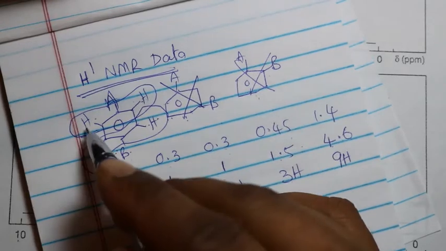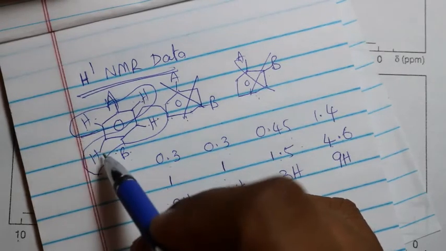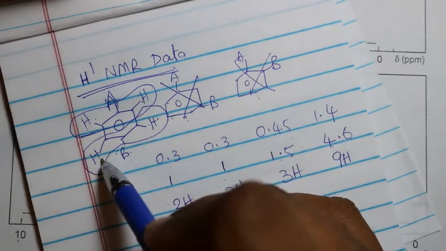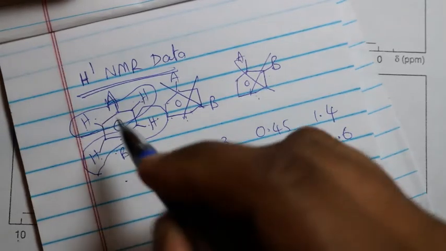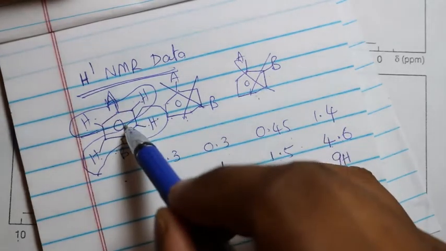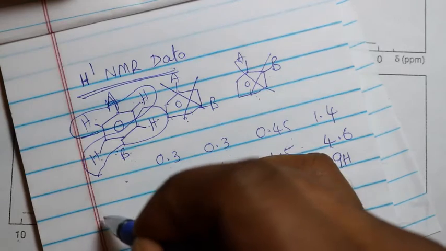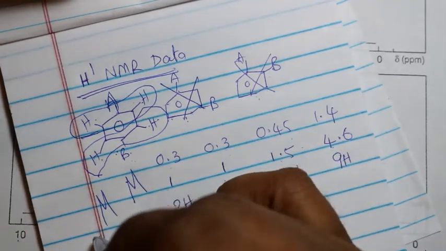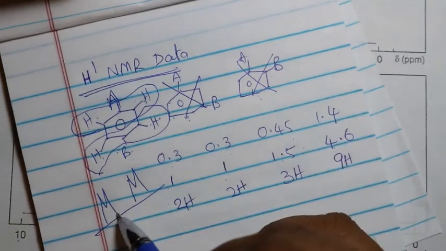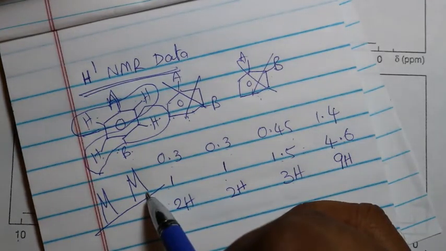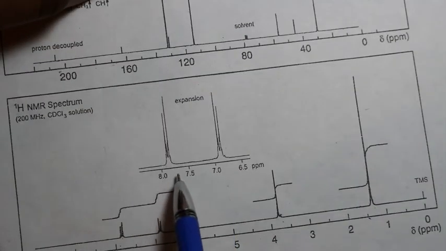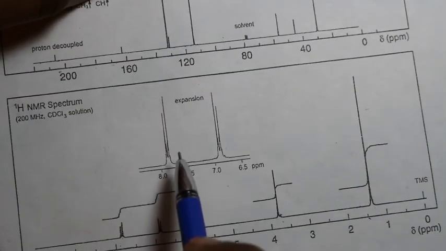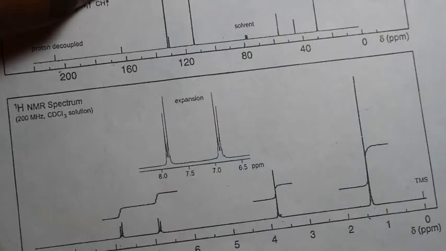And also each hydrogen has 1 neighbor hydrogen, so each peak splits into 2. So this kind of disubstituted benzene ring gives a peak that looks like this in the aromatic region. These peaks look the same, so we have a 1,4 disubstituted benzene ring.